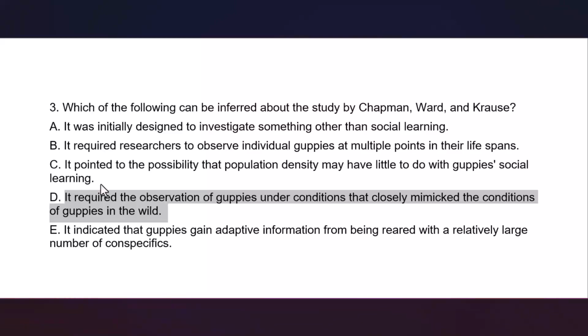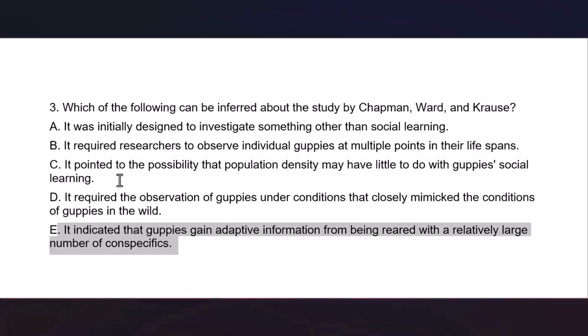According to the passage, guppies were laboratory-housed, and they were reared in two different conditions, in a high density situation and in a low density situation. And none of these conditions imply that the situation of reared guppies was like the real situation in the wild. No. So this option again is rejected.